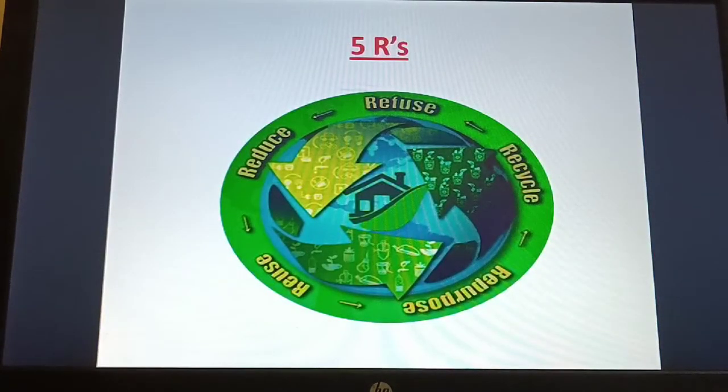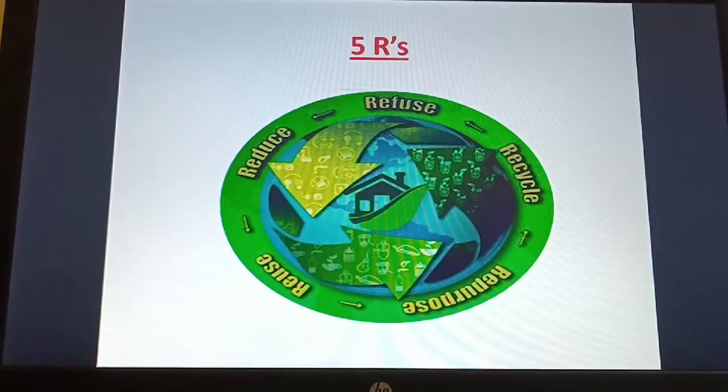What are those 5 R's? In your textbook, it is refuse, reduce, reuse, recycle, and recover, or you can say repair or repurpose.